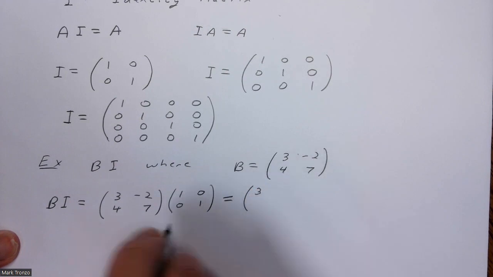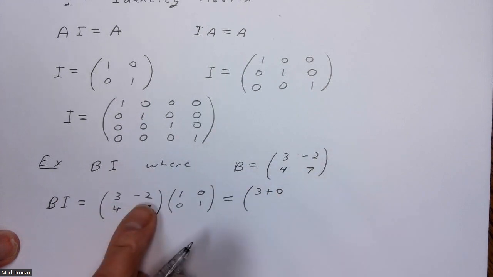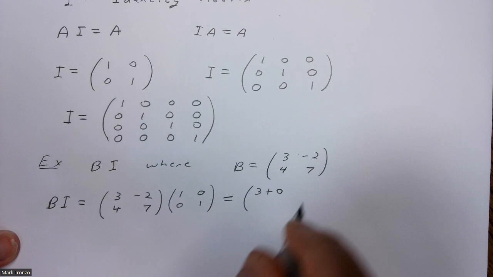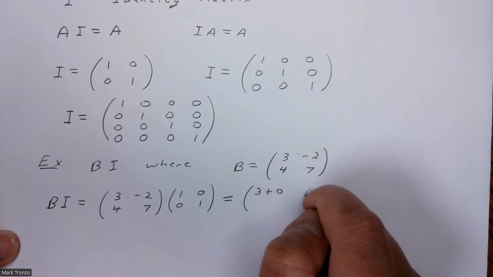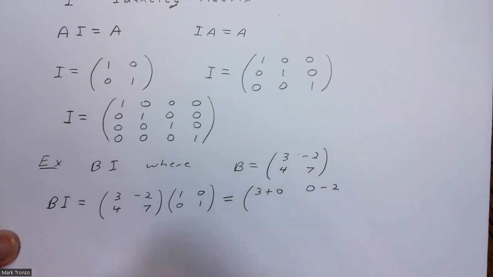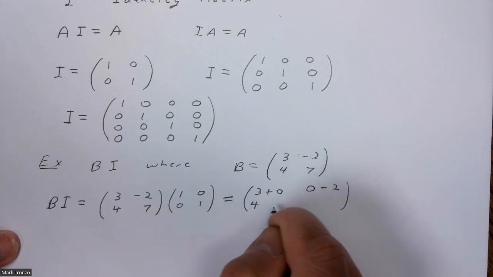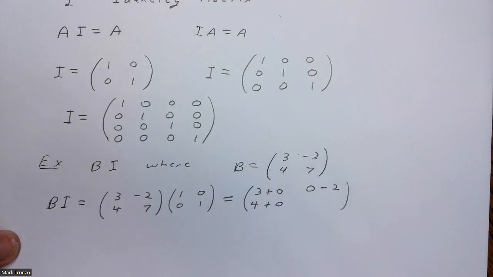So we get 3 times 1 plus 0 times 2. Then this row by this column, we get 3 times 0 plus minus 2 times 1. Then go to the next row. 4 times 1 plus 0 times 7.